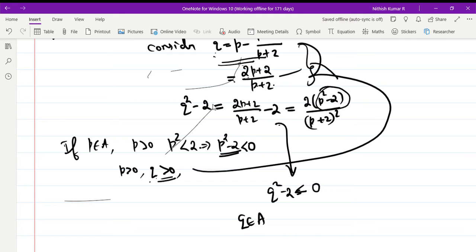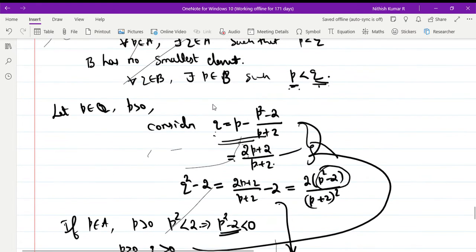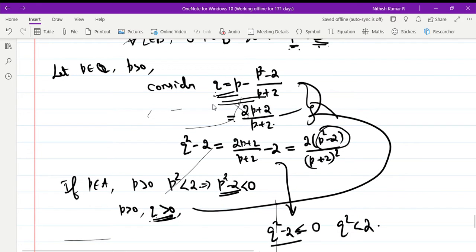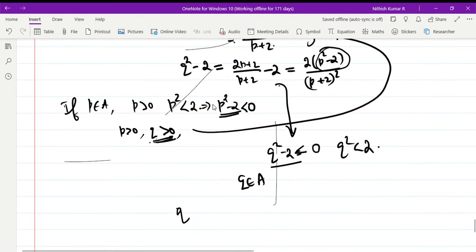Now because q is clearly a rational number and q is greater than 0, q square is less than 2. Now we have q equal to p minus (p square minus 2) divided by (p plus 2).